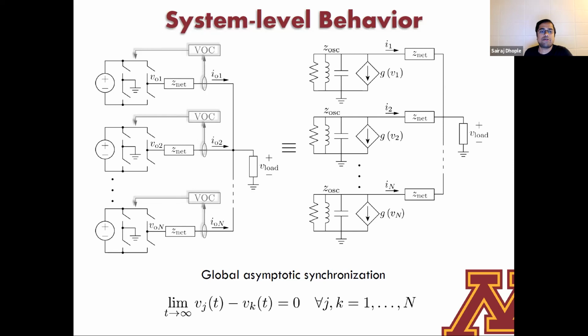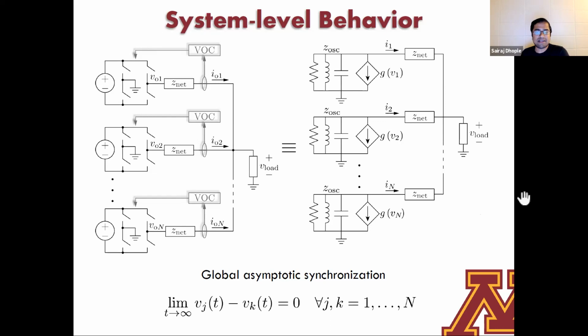VO1 through VON. So it turns out that using the equivalent circuit representation of my oscillators, and recognizing that I can average away some of the fast switching behavior, I can represent all of these inverters with these circuits, in a time scale where I'm only interested in AC cycle waveforms.